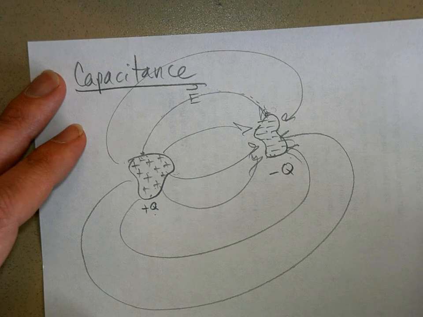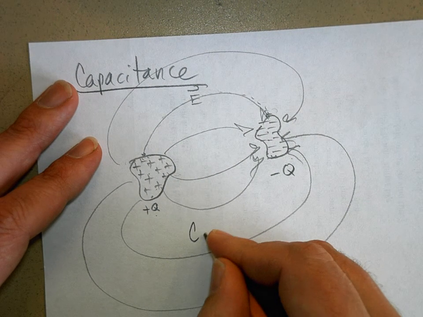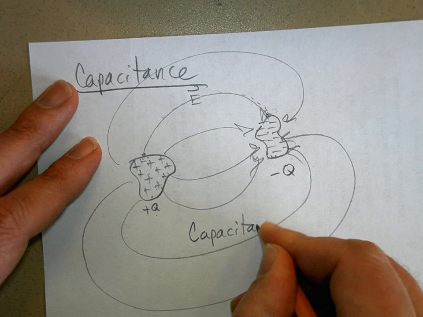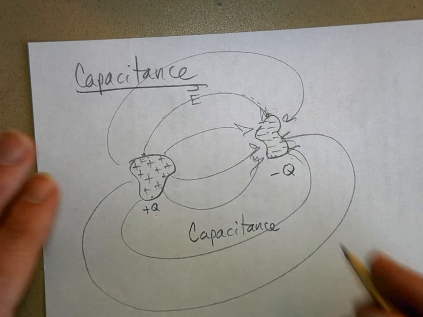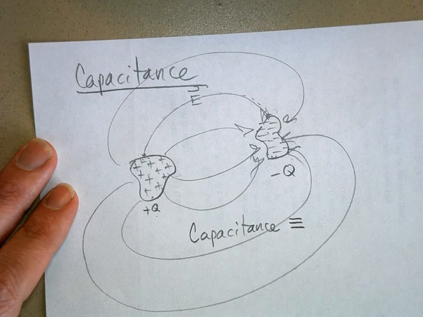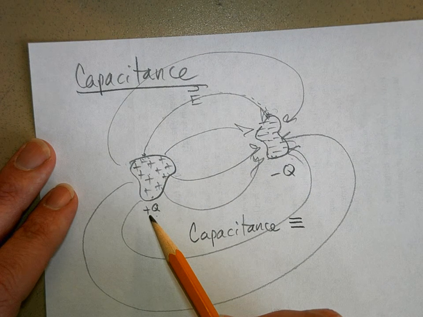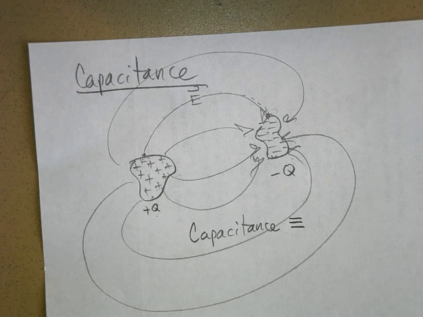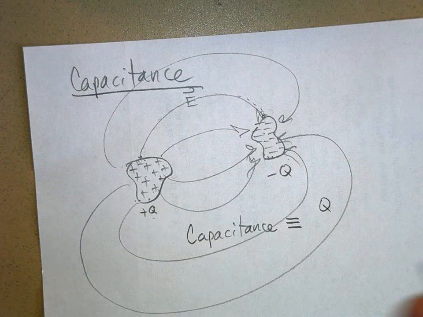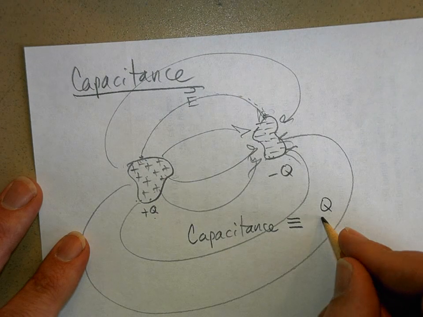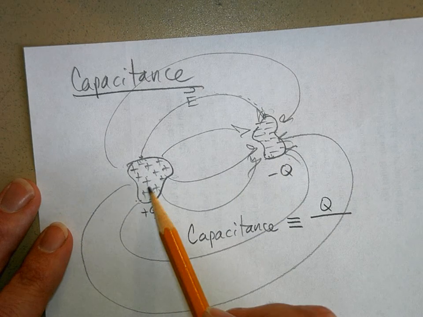Okay, and so I'm going to define capacitance now. Capacitance is a quantity that I am now defining, so this is by definition here, folks. Capacitance by definition is a ratio of how much charge there is on one of the plates, and we don't care about negative charge, just use Q. We just say on the positive plate, how much charge is on the positive plate, divided by the voltage difference between the negative and the positive plate.